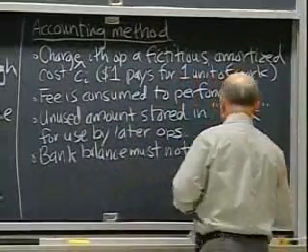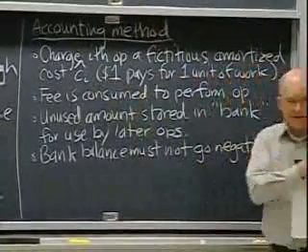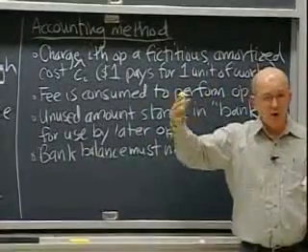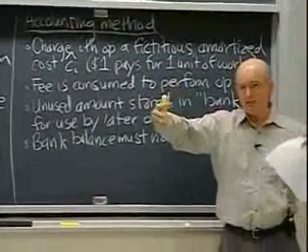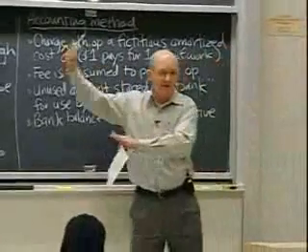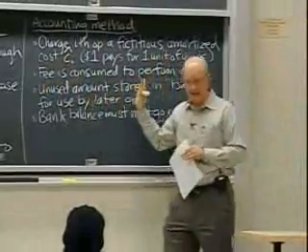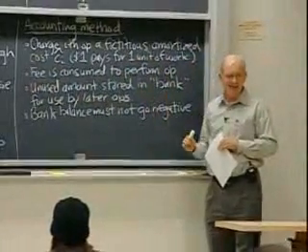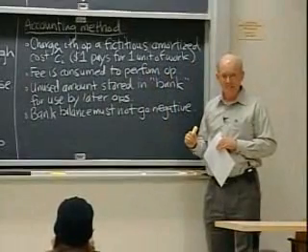In other words, the amortized costs minus the cost of the operations up to that point have to always be enough to pay for all the operations that you're doing. Otherwise you're borrowing on the future. In amortized analysis, we don't borrow on the future. At least not in the simple ones we're doing here. Okay?